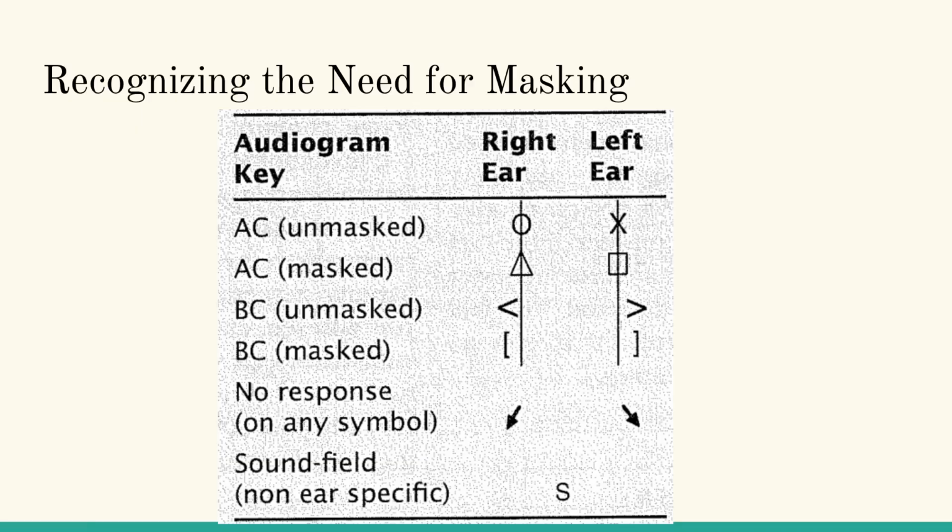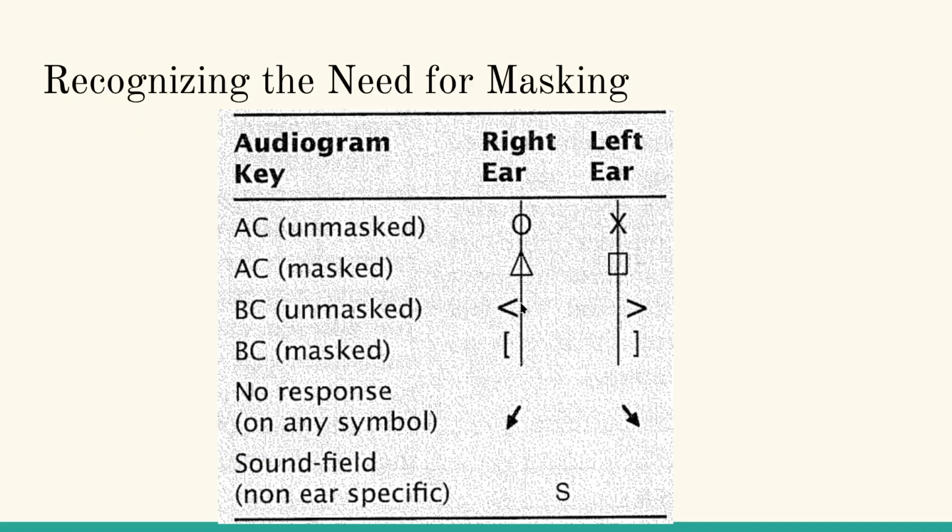Now let's take a closer look at the audiometric symbols. We zoomed in here. We've got air conduction unmasked, which is a circle for the right ear, the X for the left ear. Air conduction masked is the triangle for the right ear, the square for the left ear.